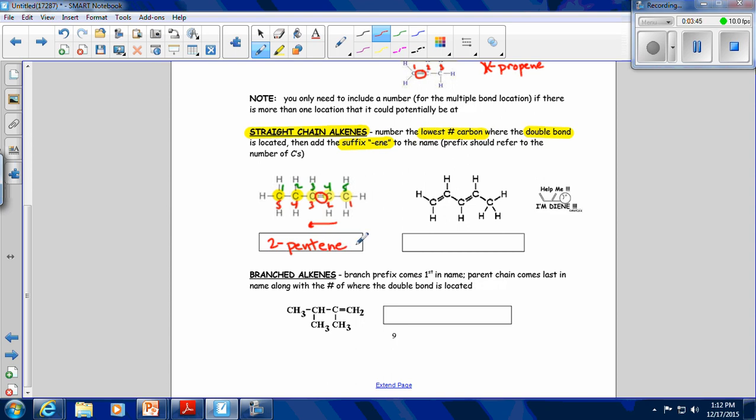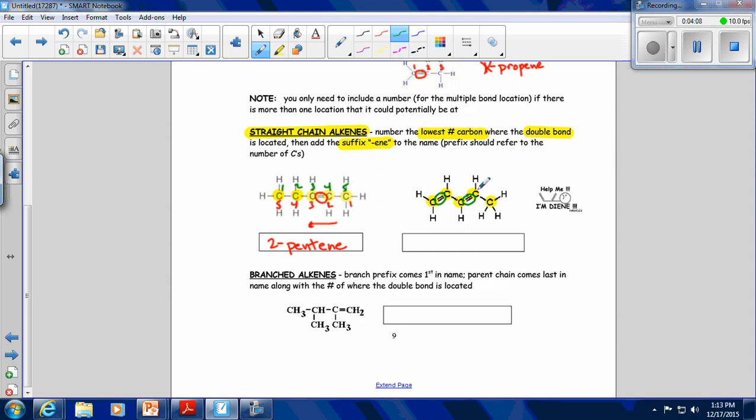All right, the next example, you have a couple double bonds here. Let's go ahead and identify where the carbon atoms are first. All right, here's 5 of them again. So we know we're going to be dealing with pent one more time. If we take a look at the location of where the double bonds are, we've got 1 here. We've got 1 there.